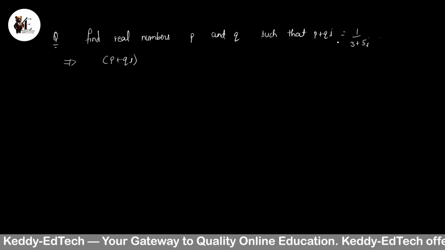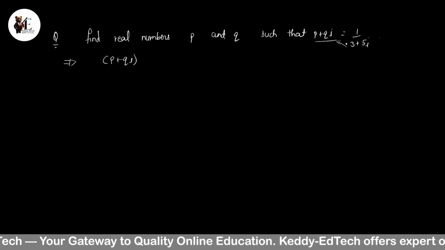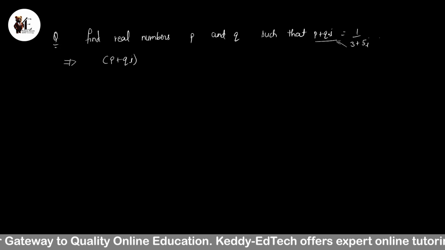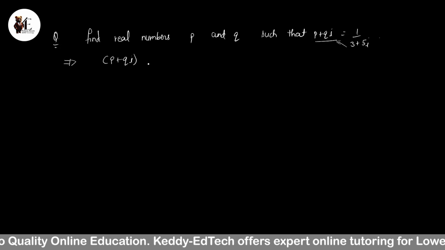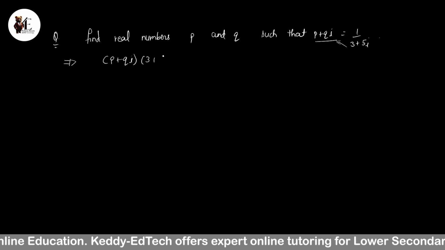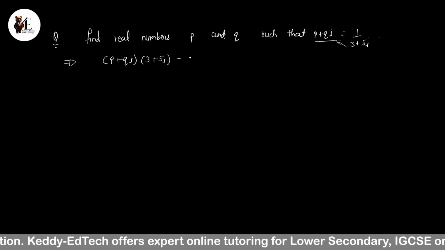P plus Qi will be in the multiplication. If I move this to the other side, 3 plus 5i is equal to 1.